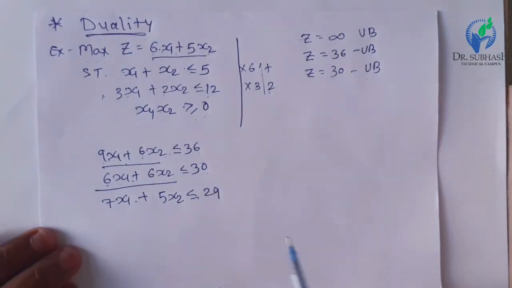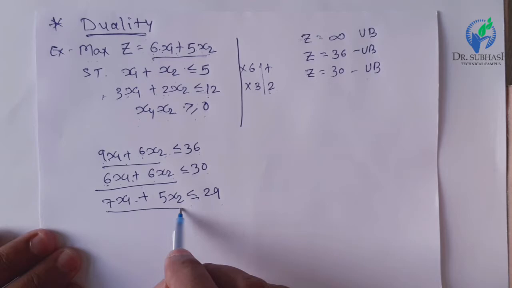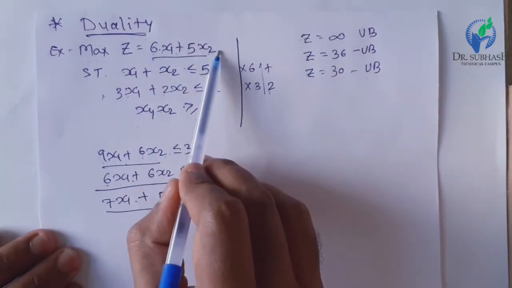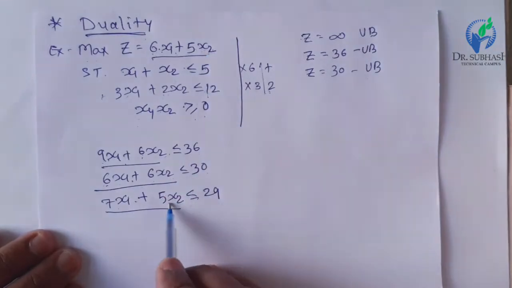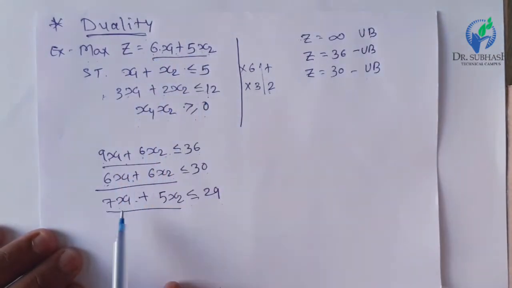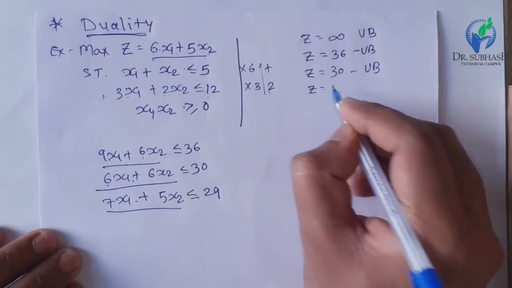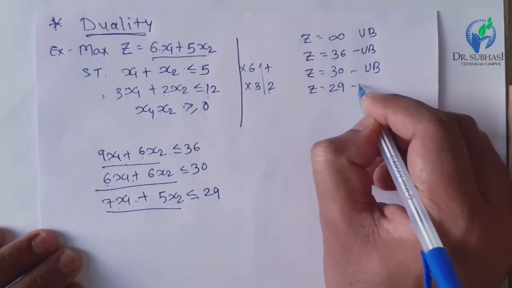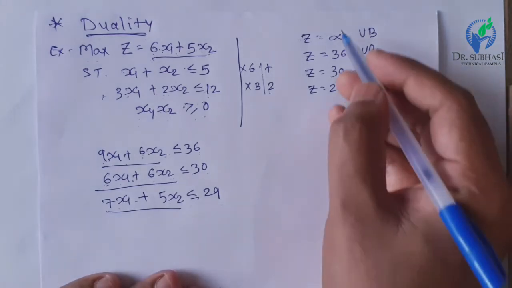So 7x1 plus 5x2 is less than or equal to 29. Again compare with the objective function: 6x1 is less than 7x1, and 5x2 equals 5x2. So 6x1 plus 5x2 is less than 7x1 plus 5x2, which is already less than or equal to 29. So we get another upper bound, and we want the minimum of all these values.